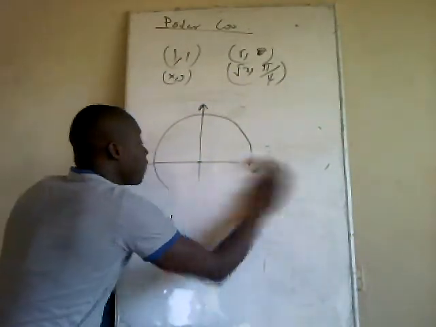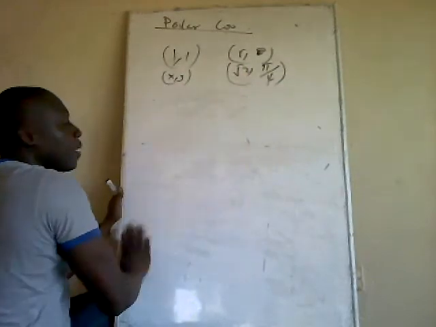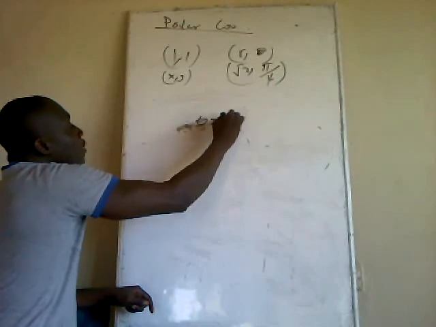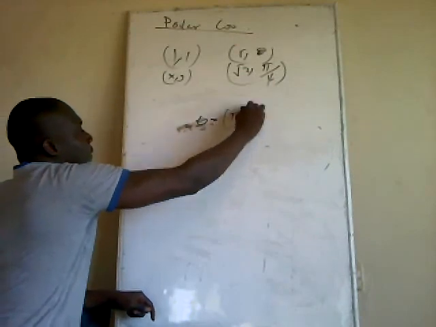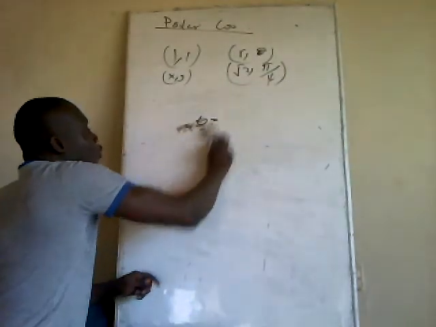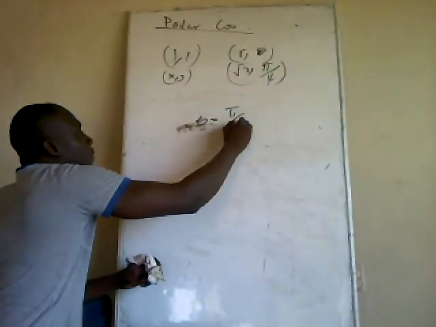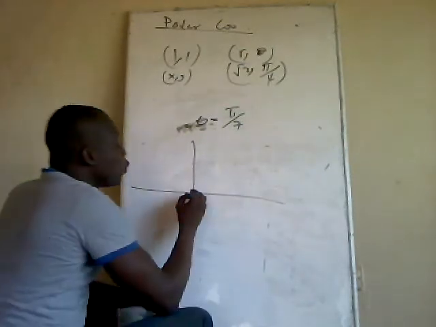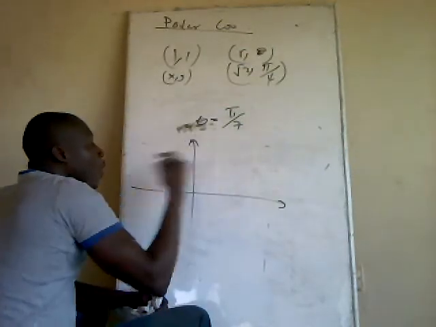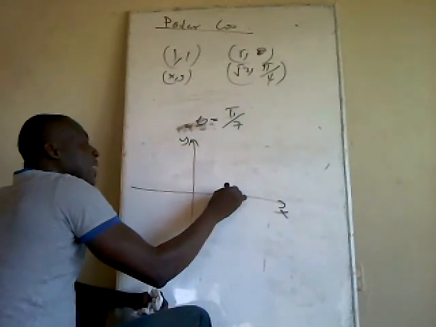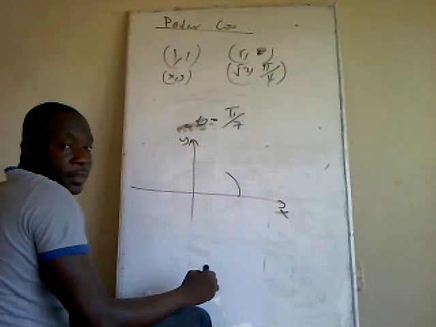The same way, if we say theta is equal to pi on 7, let me put it into brackets, pi on 7, it means that in polar coordinates, I come to my x, measure the angle pi on 7.